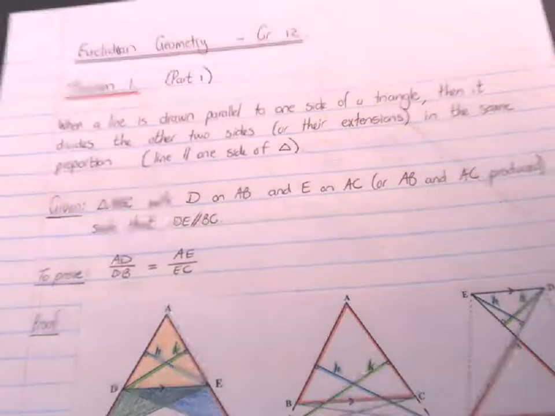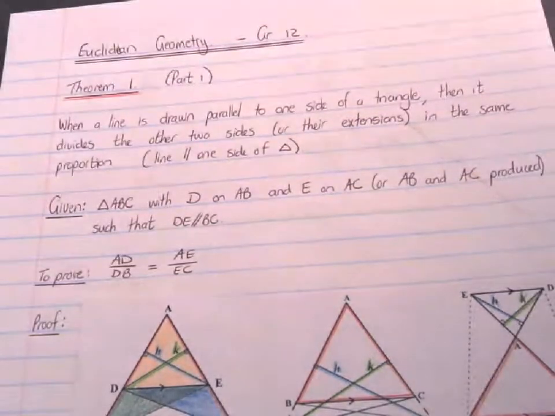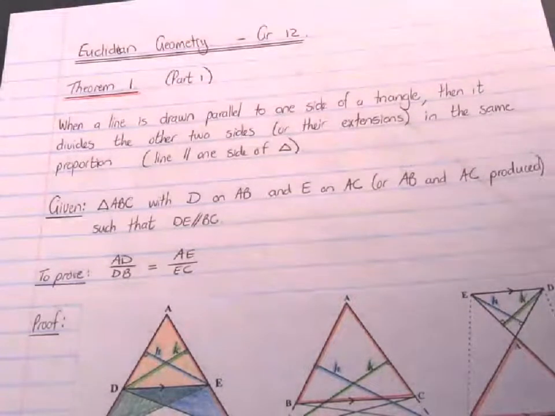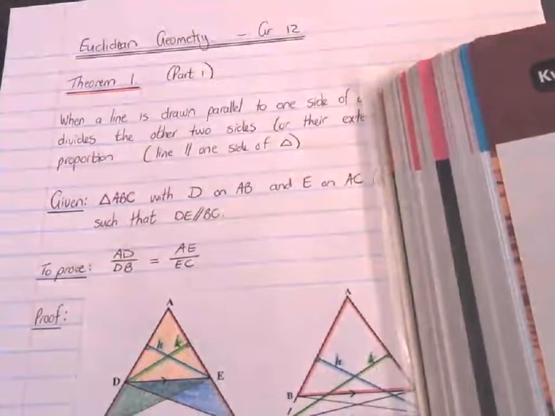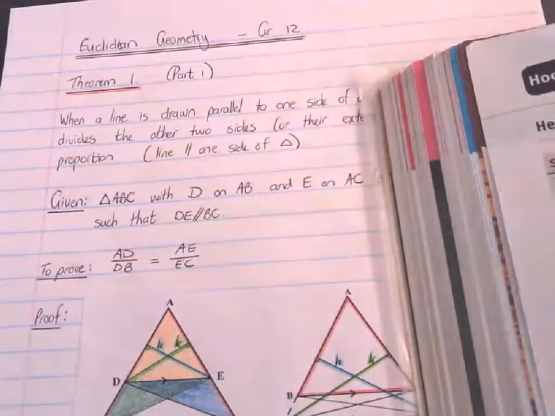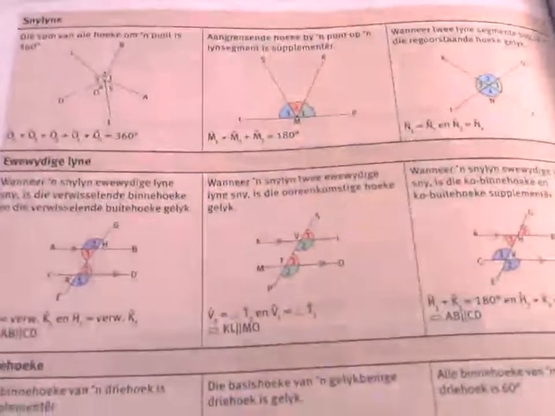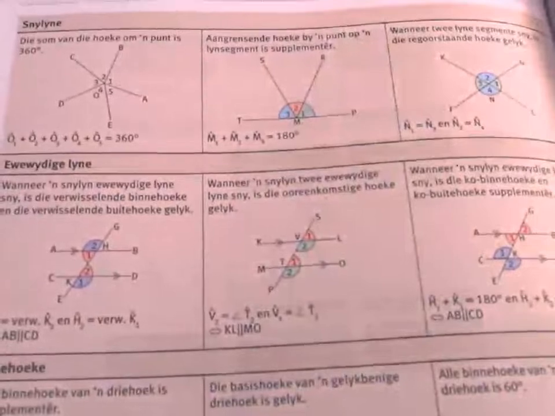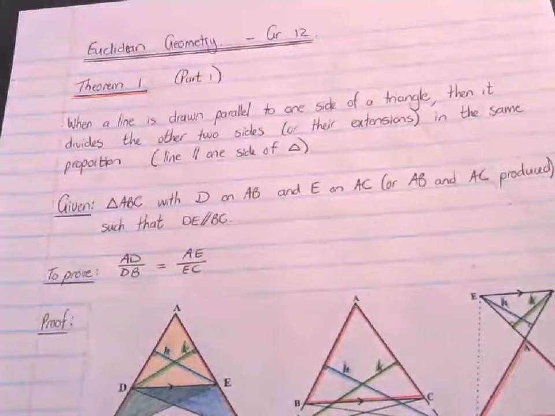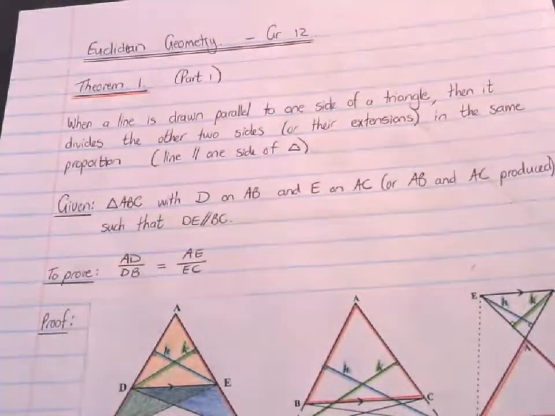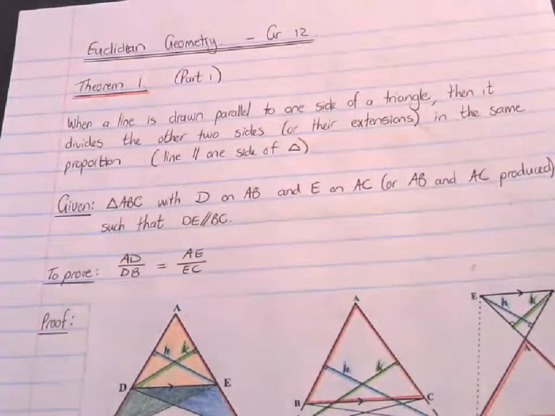Your textbook on page 236, you'll see a summary of all the Euclidean theorems from grade 10 up until grade 11. That is for 4 pages.